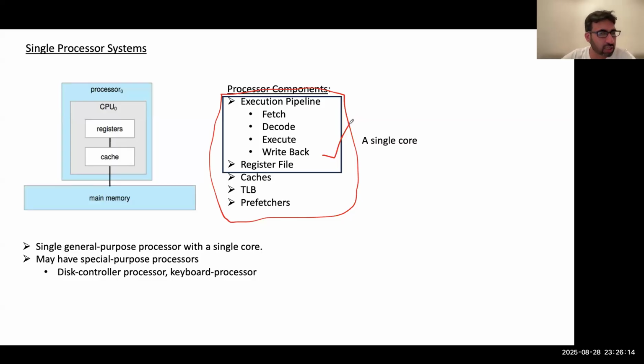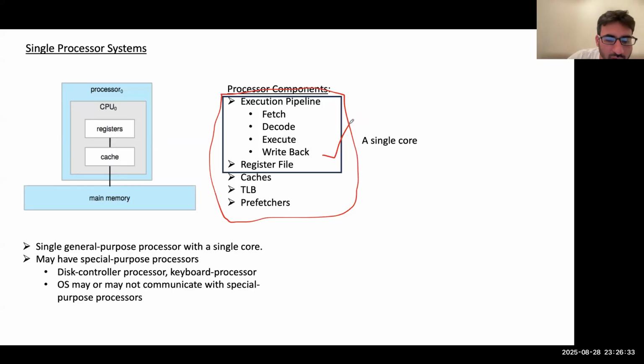It will still be considered a single processor system because it has a single CPU, right? So also keep in mind that our operating system may or may not communicate with special purpose processors, right? It depends upon the features and characteristics of the disk controller or device controllers. For some of them, our operating system may be able to communicate directly with them. For others, it may not be.